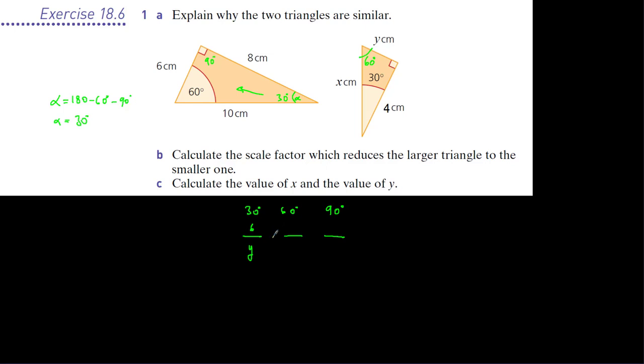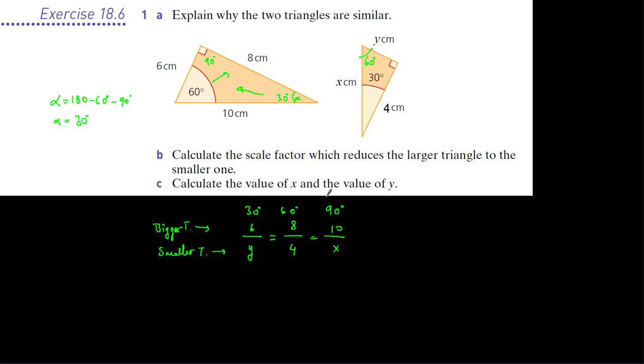Opposite of 60 I have 8 in the bigger triangle, and in the smaller triangle, opposite of 60, I have the side 4. And opposite of 90, I have 10 in the big triangle. In the small triangle, I have x.